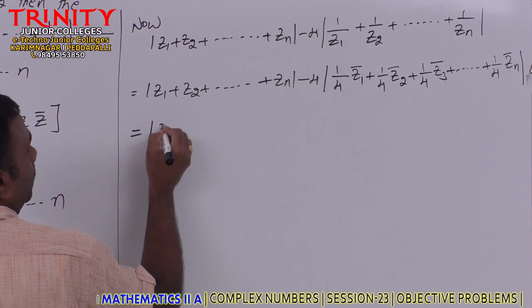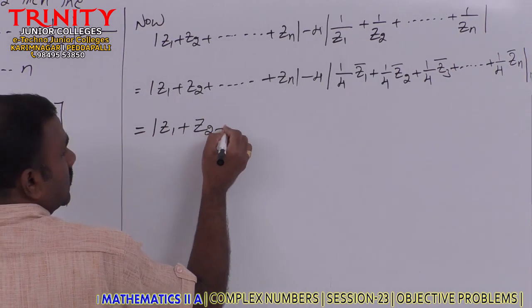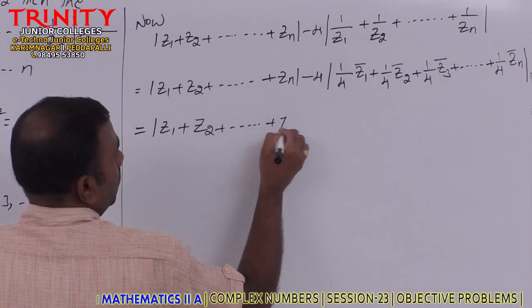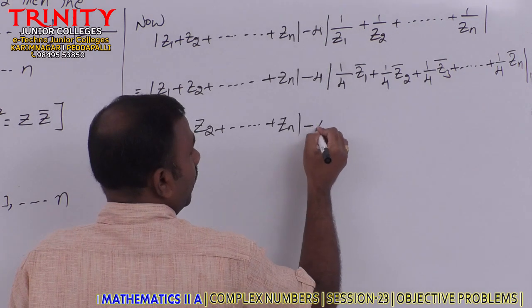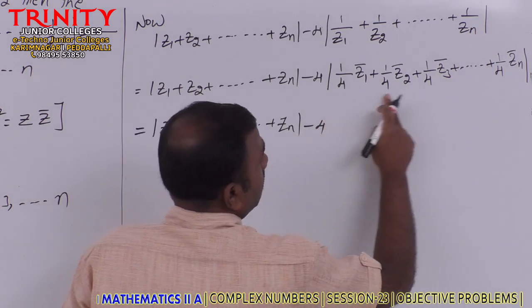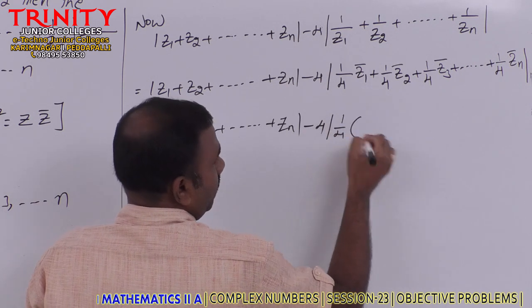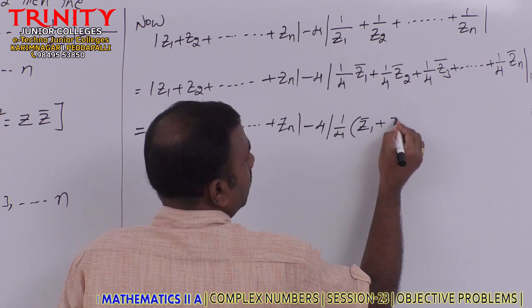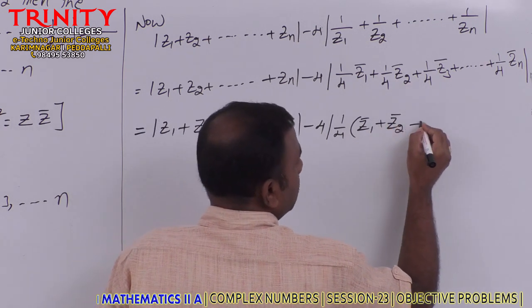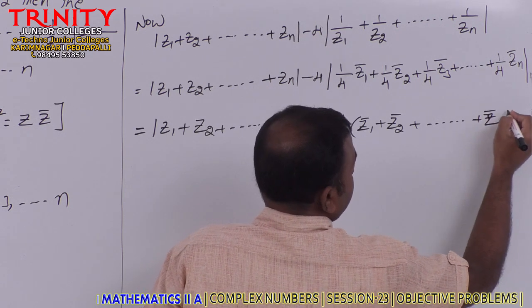Mod Z1 plus Z2 so on plus Zn minus 4. In all these take 1 by 4 as common, 1 by 4 of Z1 bar plus Z2 bar so on plus Zn bar.